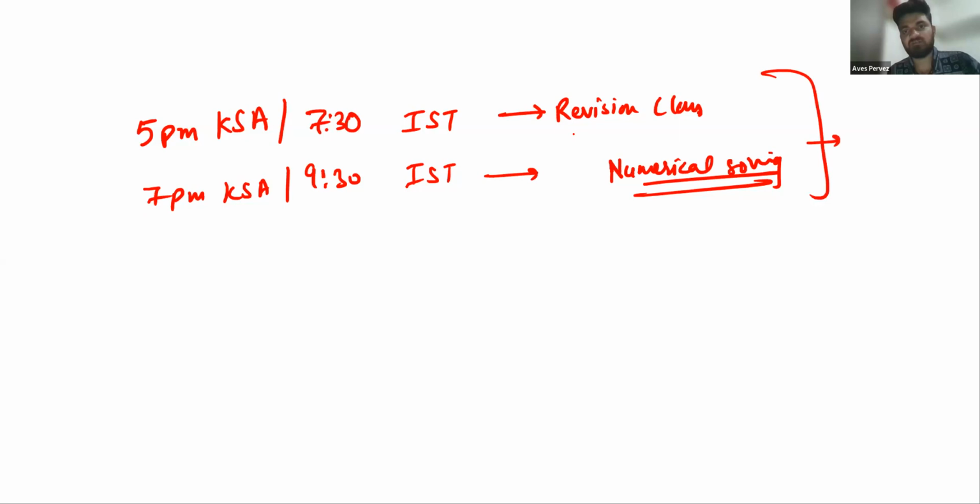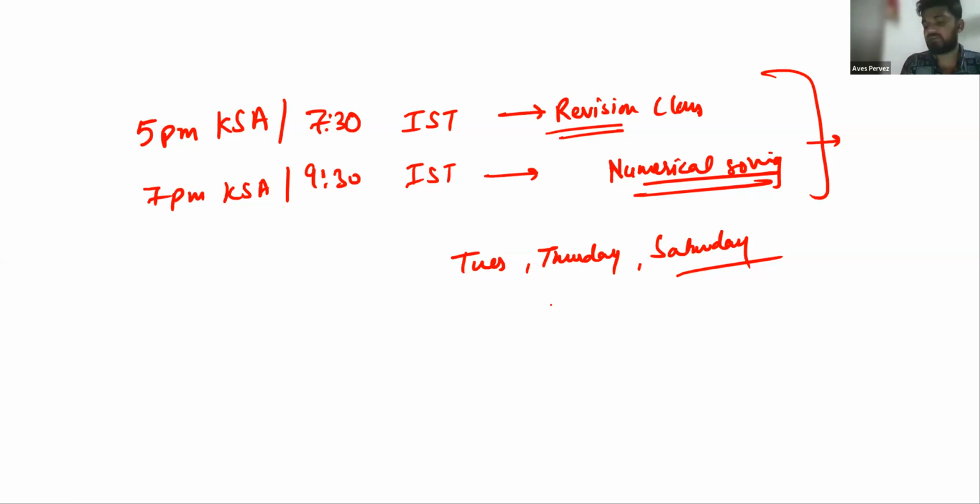From tomorrow onward, it will be on Tuesday, Thursday, and Saturday. Please note it down in your copy, the timetable for this. This is a revision class, because we are just going to have a quick and fast revision of what we have studied till now. This will be very important for us.